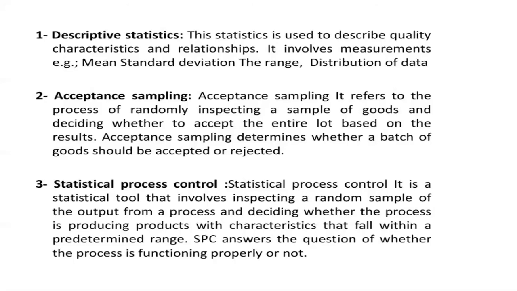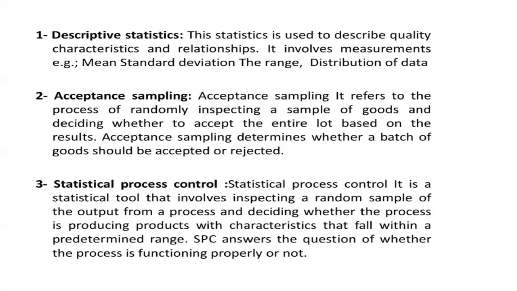Then we have statistical process control, that is SPC. It is the statistical tool that involves inspecting a random sample of the output from the process and deciding whether the process is producing products with characteristics that fall within the predetermined range or not.